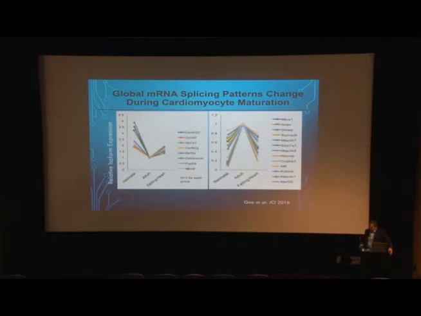So we feel that there is perhaps what we call a neonatal or fetal-like reprogramming of RNA splicing also happening in the diseased heart, which made us more interested in looking at what could be the underlying mechanism.